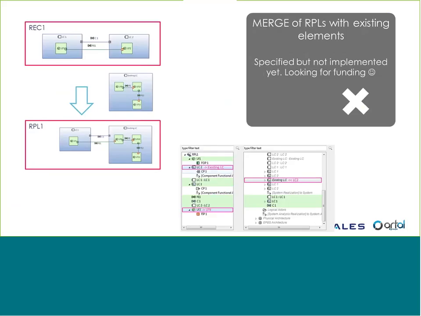Something else that is not available, we're looking for funding, would be to merge the content of a record with something that already exists in the model. So basically, in this one, our record is two components, but actually this LC2 component and this LF2 function would be something that already exists in the model.